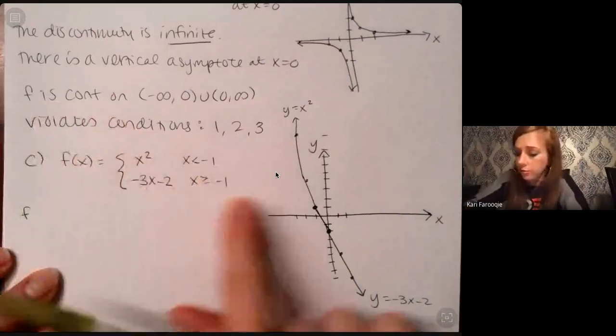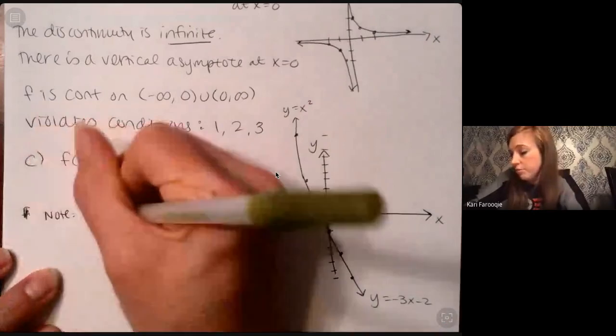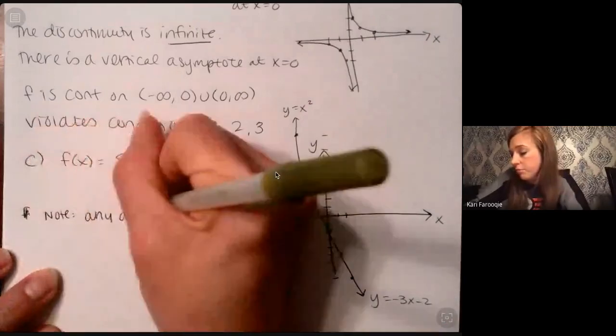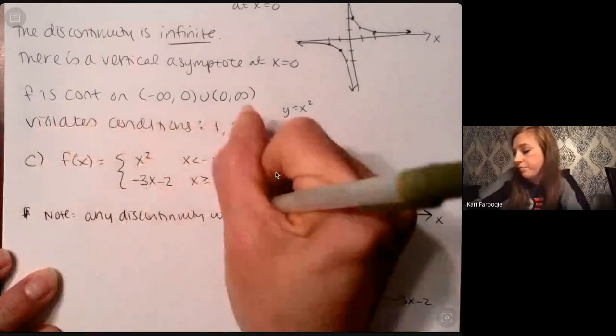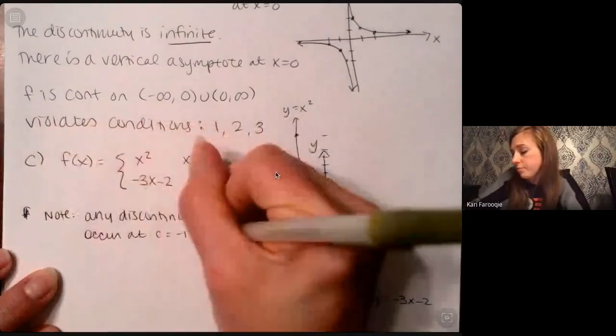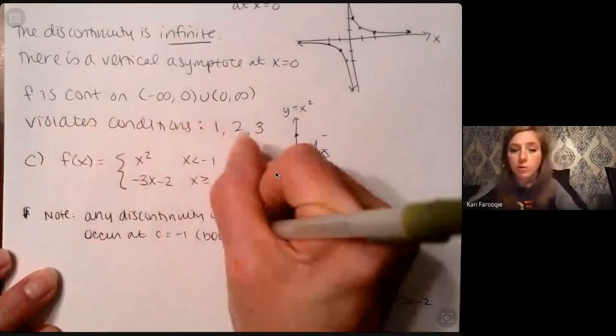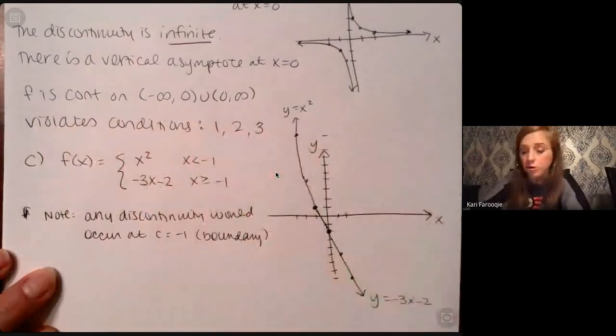Note any discontinuity would occur at c equals -1, which is your boundary. This is where your graphs would switch. If we did have a discontinuity, that's where it would occur.